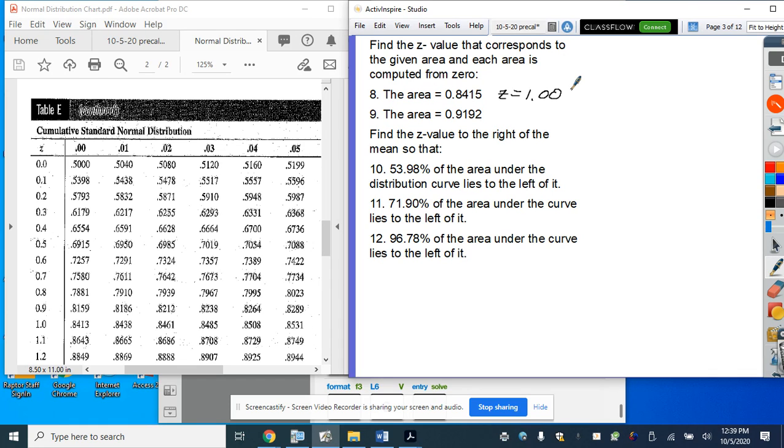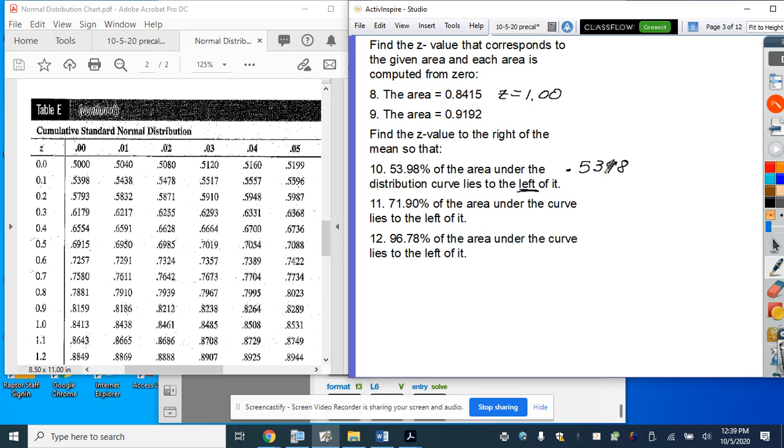You can also be given these areas as a percentage. For example, if I'm looking at number 10, this is 53.98%. The first thing you need to do is change that to a decimal, 0.5398. And it's going to say that you want it to the left, which I wouldn't give you one that's not to the left.